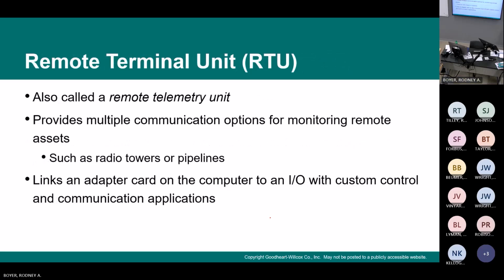RTU, also called a remote telemetry unit, is basically remote I/O. It's usually done over some sort of wireless communication. I've been in this industry for 30 plus years and I've never personally seen one. Sean, you probably don't know, but do your water towers have RTUs?